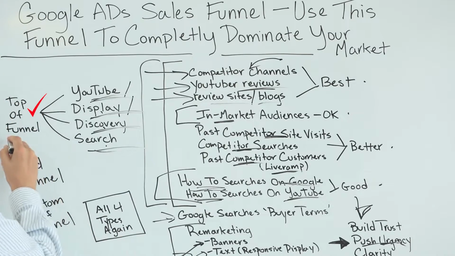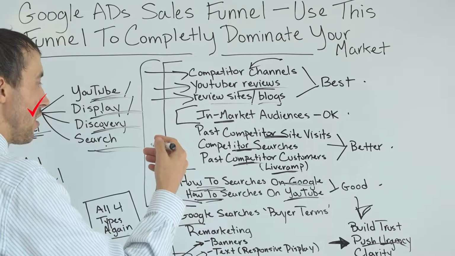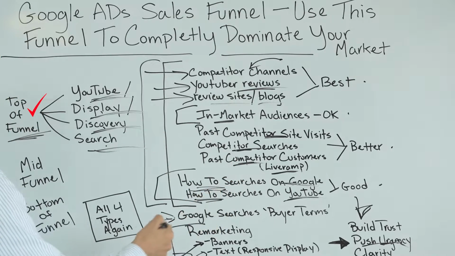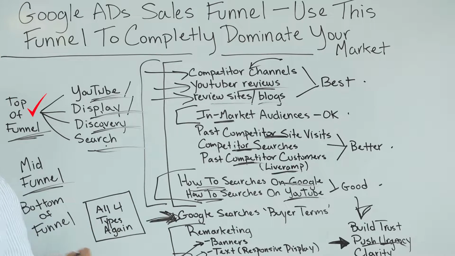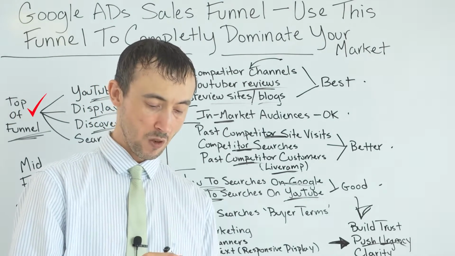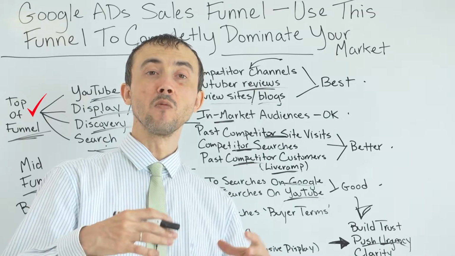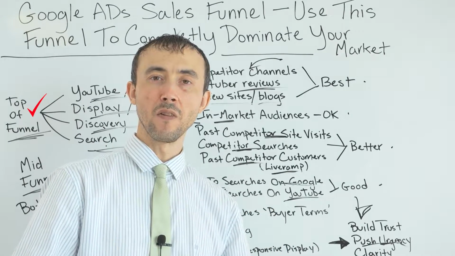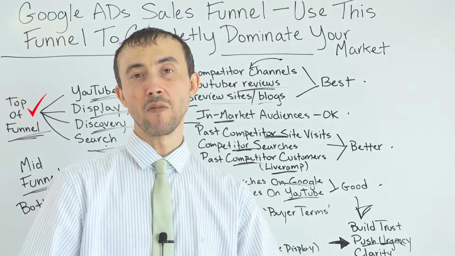So anyway, the top of the funnel is before they go to make a search for buying whatever you sell on Google search, you're doing all this. The mid funnel is when they go to make the search to buy what you sell. That's the mid funnel, and then bottom of the funnel is after they've got to your site. And you're reaffirming to them that what's important to buy is the stuff that you're telling them, so that they end up making sure that they buy from you because you have all the stuff that is important.